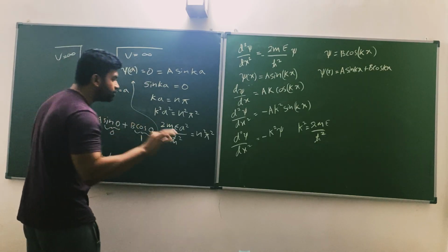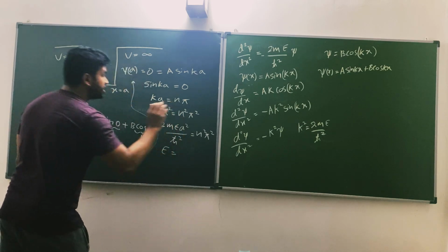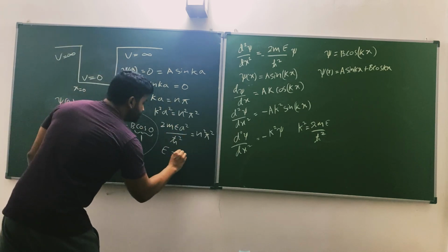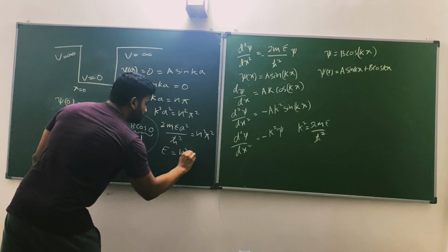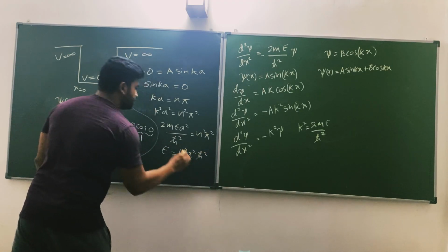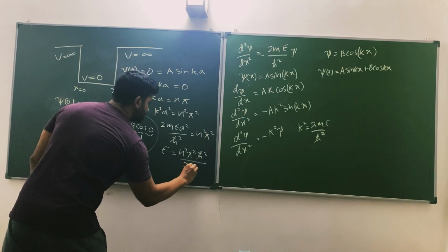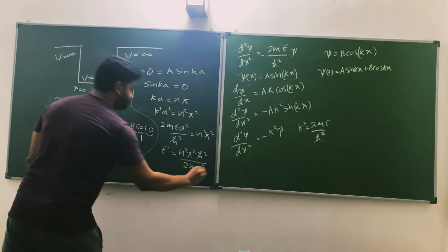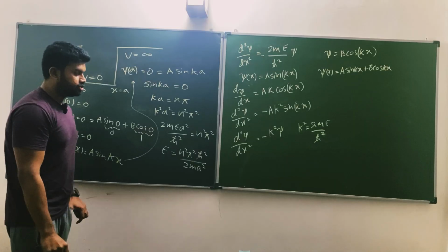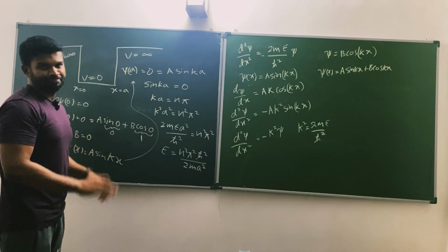So let me show you what this fascinating final relationship is, which is, please welcome, E is equal to n squared pi squared h bar squared over 2m a squared. Very interesting.